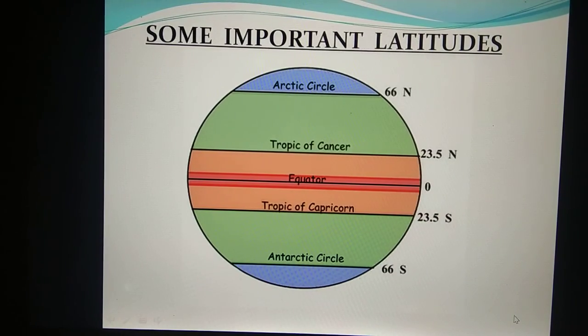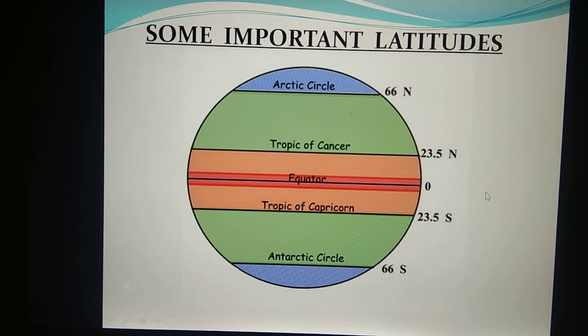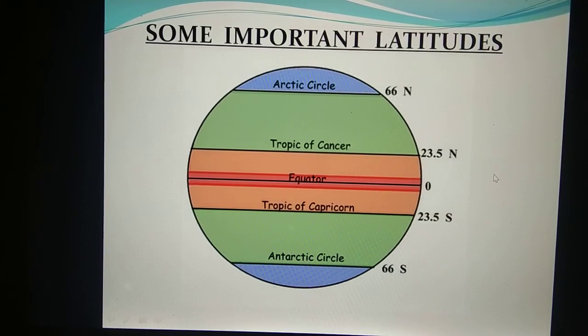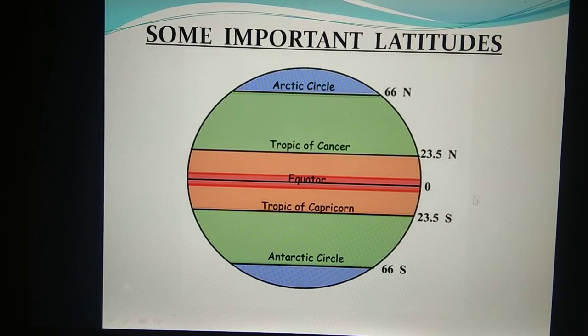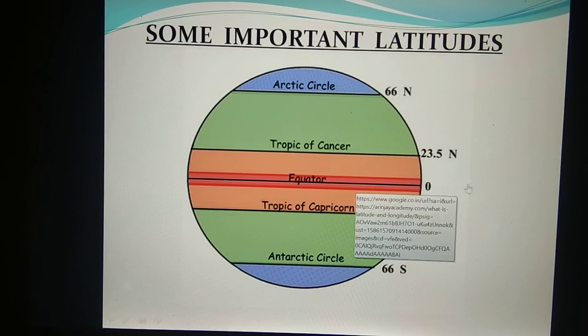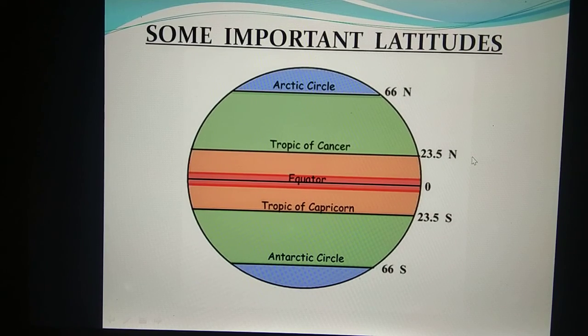Some important latitudes. Equator is at 0 degree. Then if we move toward the northern hemisphere, the topmost hemisphere, the foremost is the Tropic of Cancer, which is at 23.5 degree north.